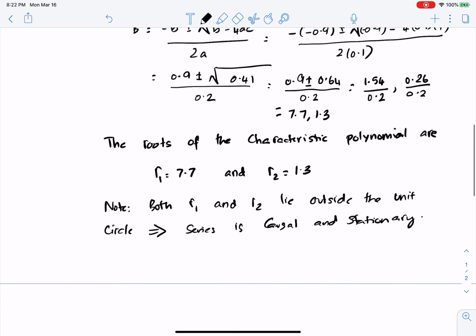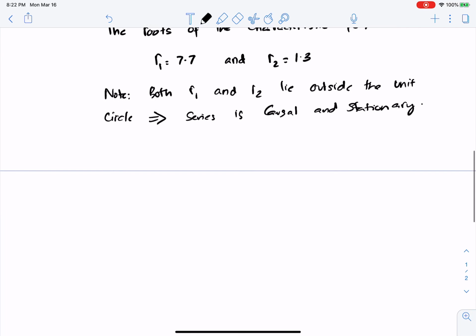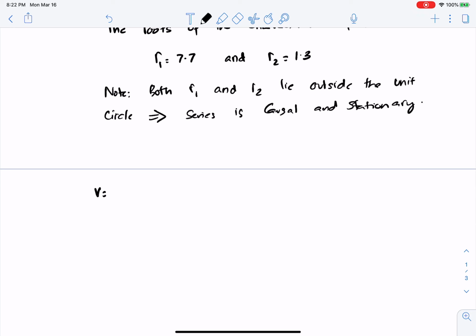So now that we have the roots, v would be 2, m1 is 1, and m2 is 1. We went over v, m1, m2 in the previous video. m1, m2 are the multiplicities of the root. And we have two distinct ones: R1 is 7.7 and R2 is 1.3.